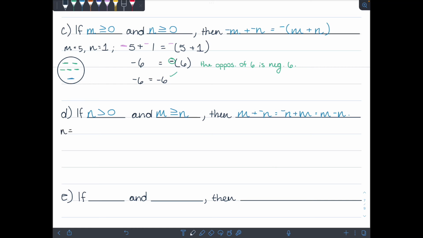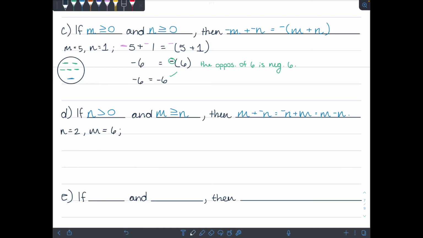Let's make n to be 2 and m to be 6. 2 is bigger than 0, right? Yes. Oh, there's no bar here, so it cannot equal 0. Is 6 bigger than or equal to 2? Yes.